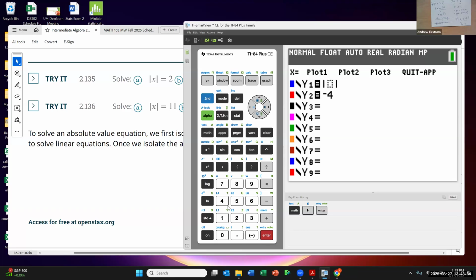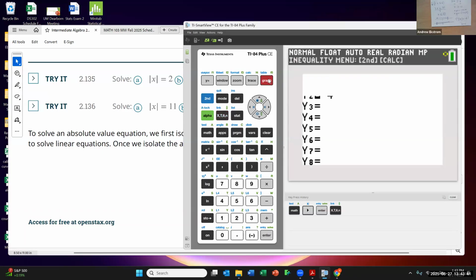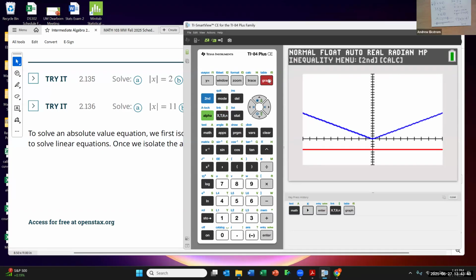So if I just want x, I can do that. Since I've already got this set up, I should be able to just hit graph. I'm going to get the same graph as before. And looking at the graph that we have right here, it looks a bit out of scale, but no big deal there.